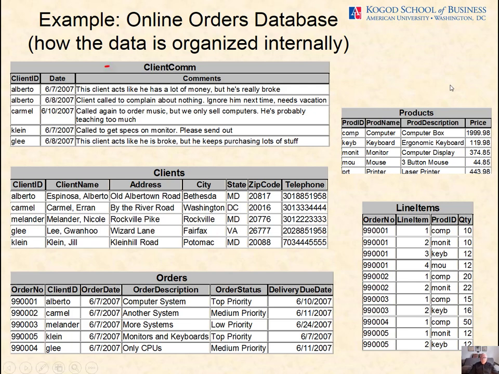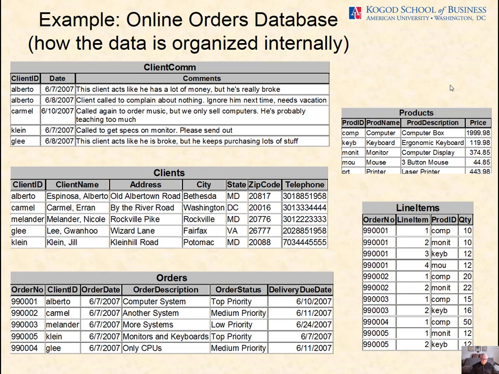We also have this table called client com. A client com is a table that I have here for illustration purposes. It has a record for every time a client contacts the company. So you have a client ID and a date, and then you put the comments, whether that was a telephone call or an email, whatever you want to record about your interaction with that client.